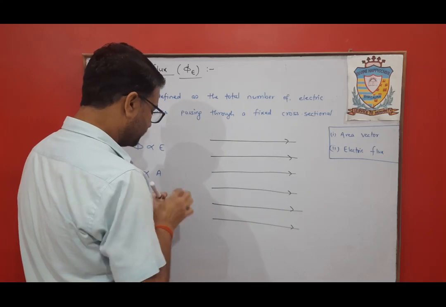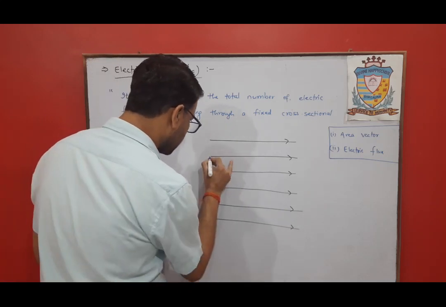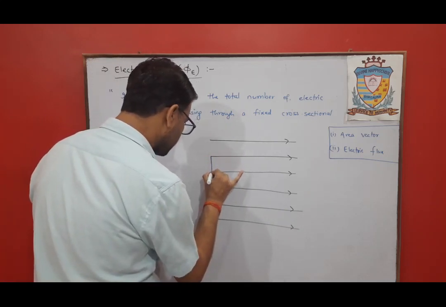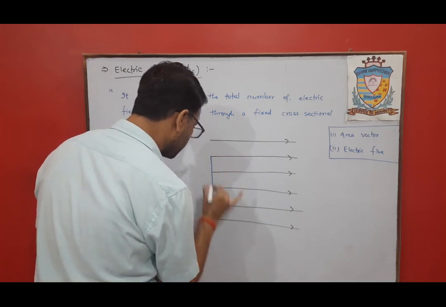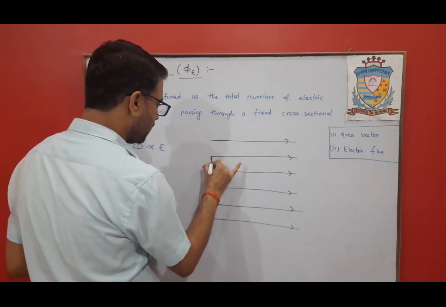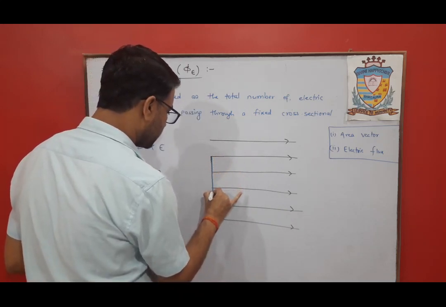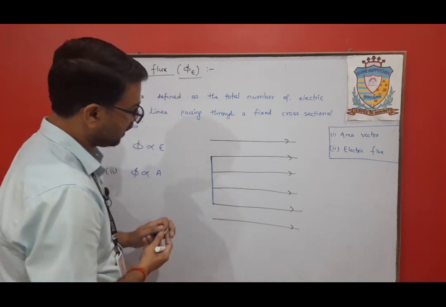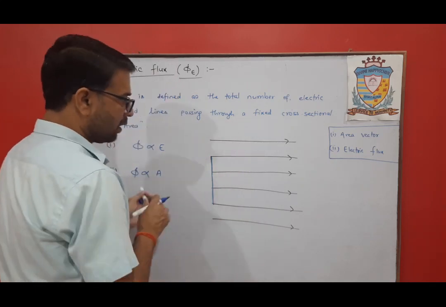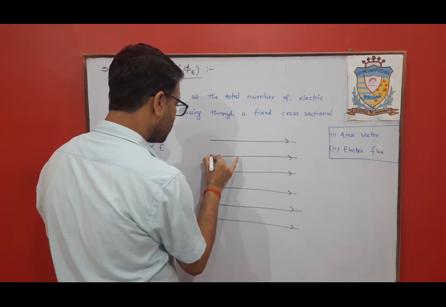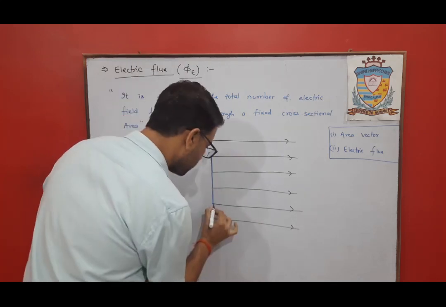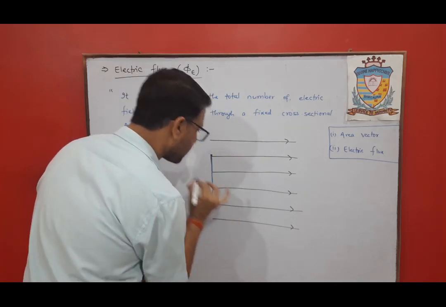For example, suppose we have an area vector kept here like this, or like this.